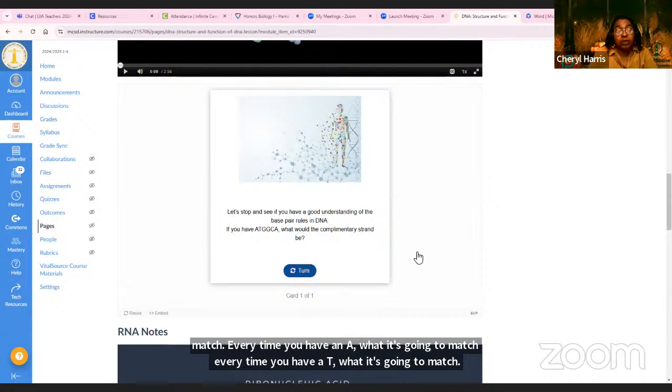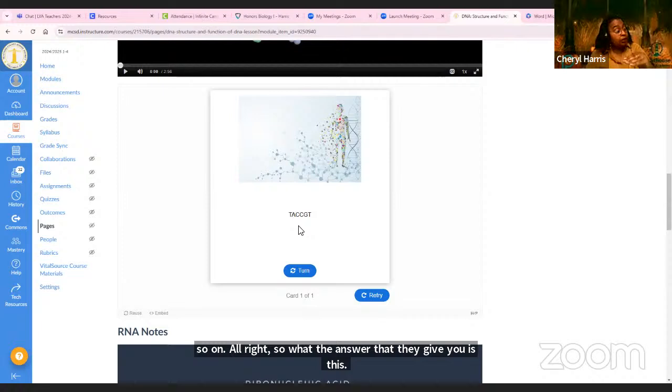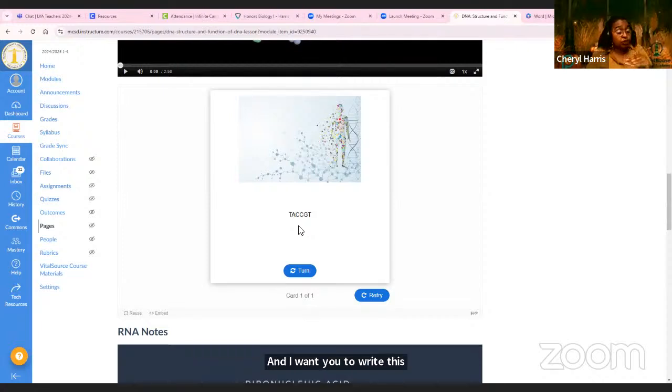All right, so the answer that they give you is this. And I want you to write this underneath the letters you just wrote because they match. You're not writing it side by side like it's a sentence. Write this row underneath the row that you just wrote. So in other words, your T should be underneath your A, your A should be underneath the T, both of the C's should be underneath both G's, the G should be underneath the C, and the T should be underneath the A. Okay, indicating base pairing, that they are complementary to each other.